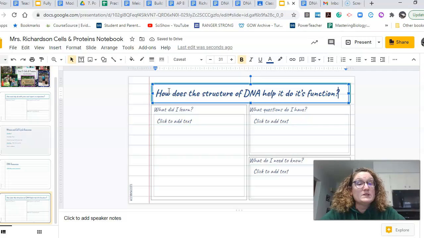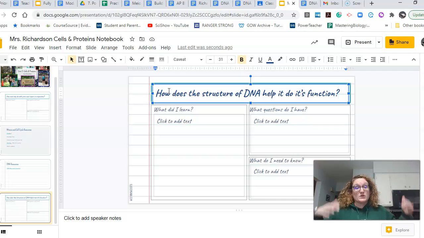So you'll need to think about all of these things that we've looked at with this structure of DNA. As you watch the video, it gets into the function. Remember, the function essentially of DNA is to determine all of your traits, and you know that. So how is this structure of DNA helping to possibly determine traits? Now, you don't necessarily know what traits are, but you do know that DNA is determining traits.